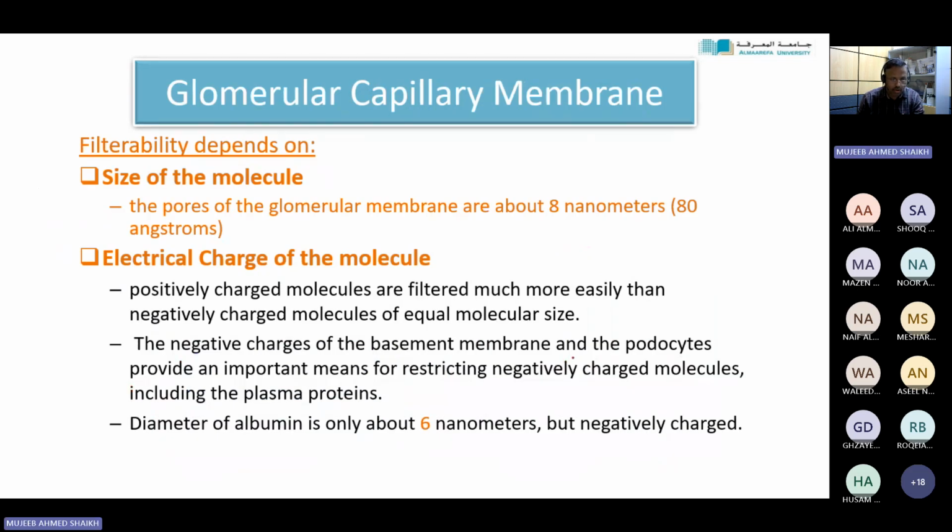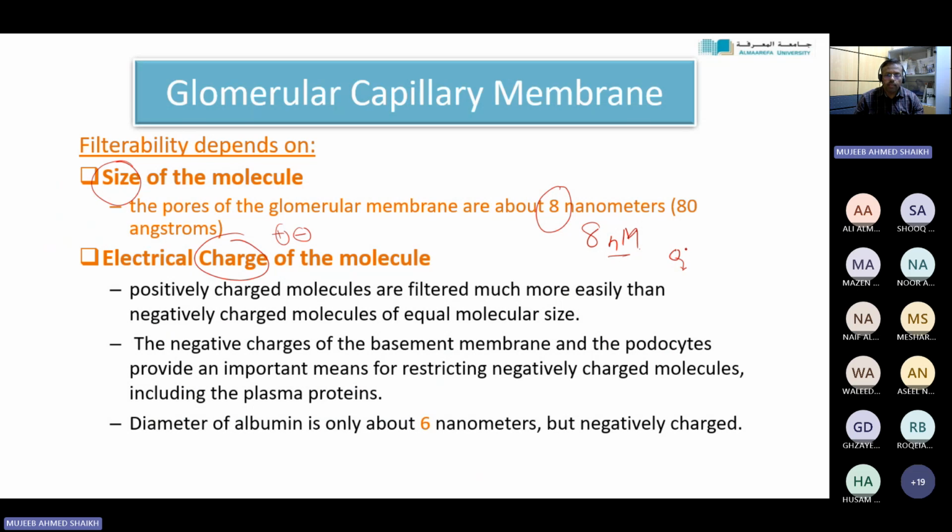Now we will talk about filterability. Which molecules will be filtered and which will not depends on the following. First is the size of the molecule, because the pore size of the glomerular membrane is about 8 nanometers, which is the size of these holes through which filtration occurs. Also the charge of the molecule: we have to consider whether it is positively or negatively charged.